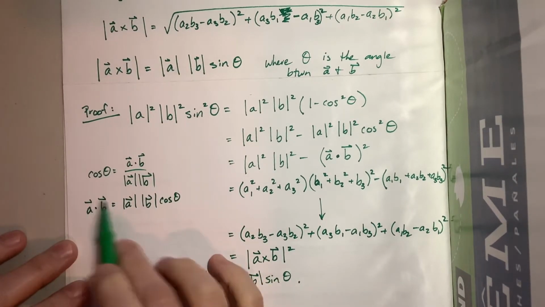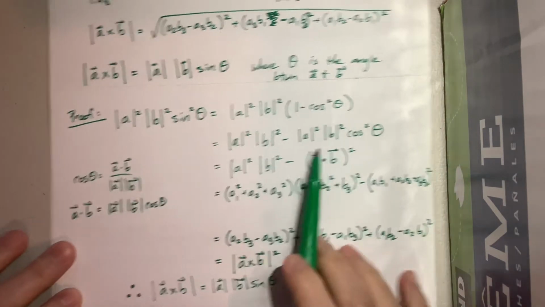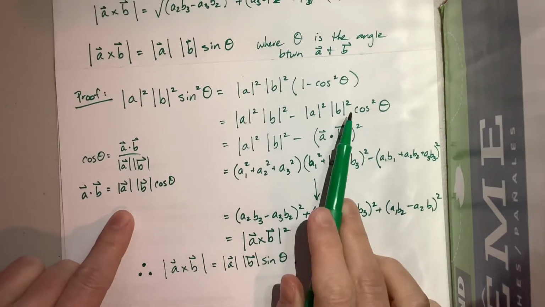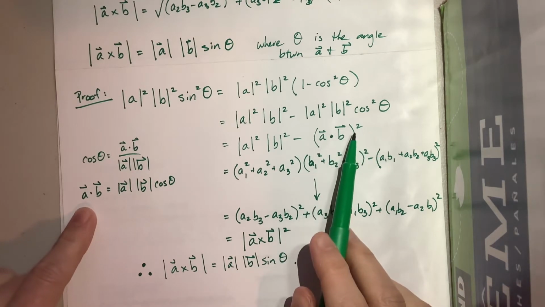Therefore, if I were to square this and to square all that, these things would still be equivalent. So they went from here, which is this part squared, and they jumped to this, which then said, okay, well, it's the dot product squared.